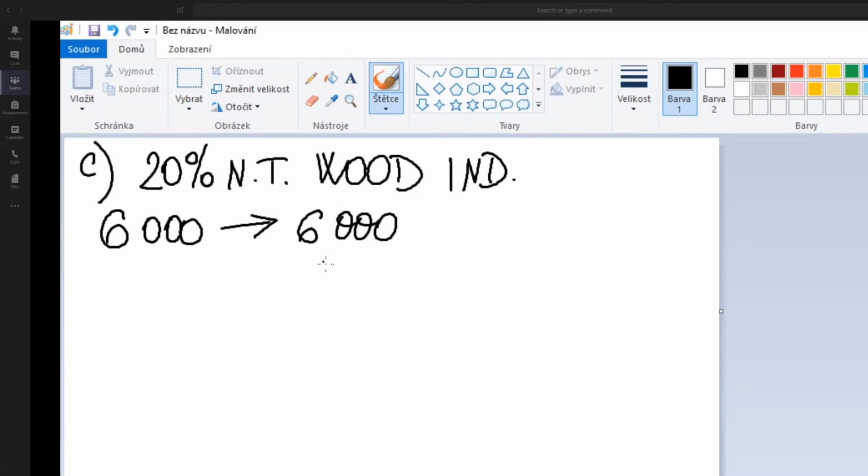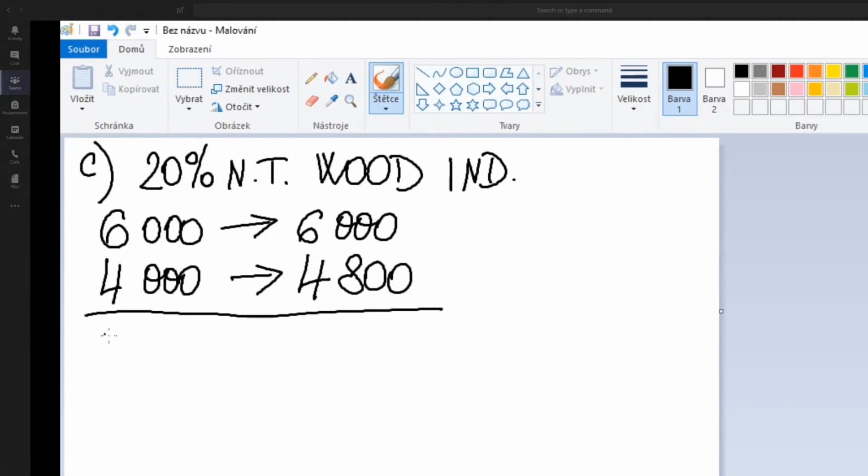But there is the protection from the state for the wood producers. So see it. Now you can see the truly horrible situation for the domestic producers of the table.